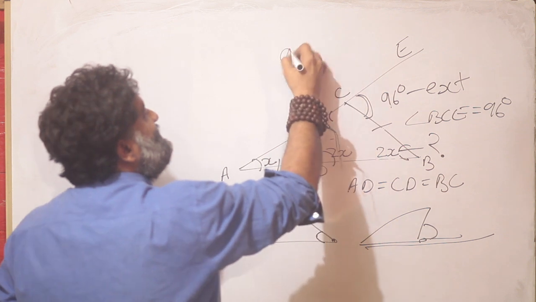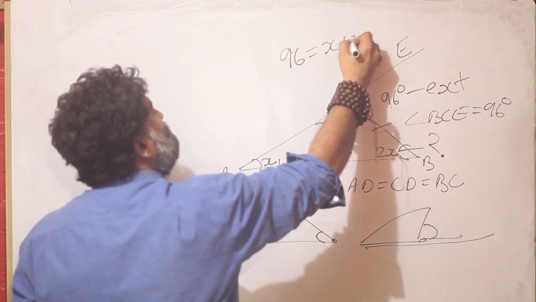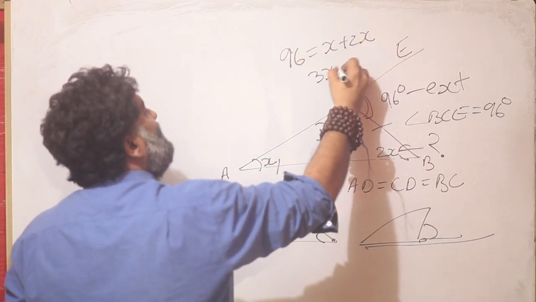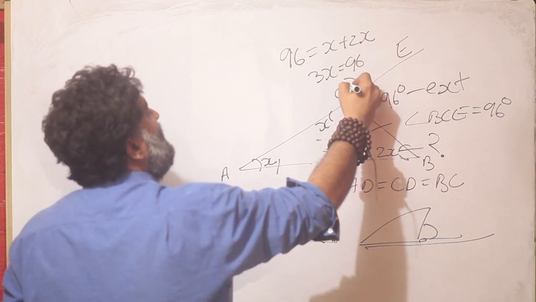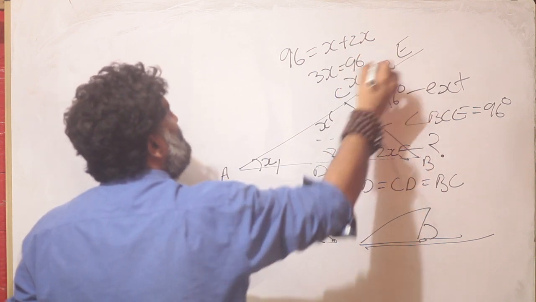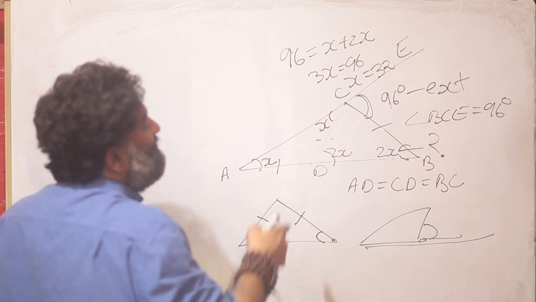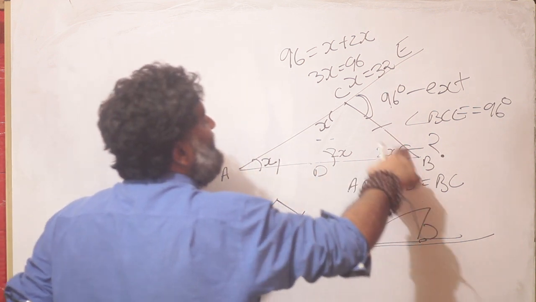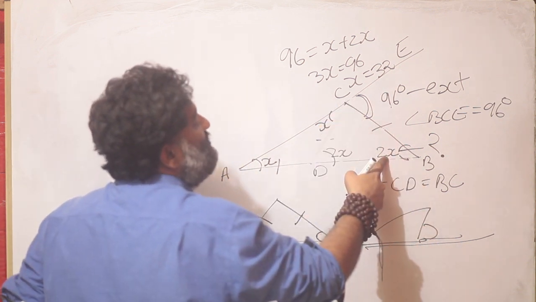That means this 96 degrees is equal to x plus 2x. That means 3x is equal to 96, and x works out as 32. And my question was, what is angle DBC? My angle DBC was 2x.